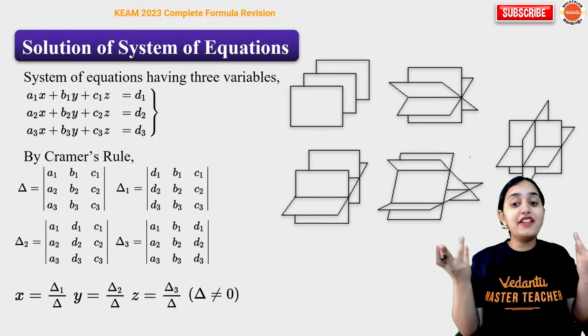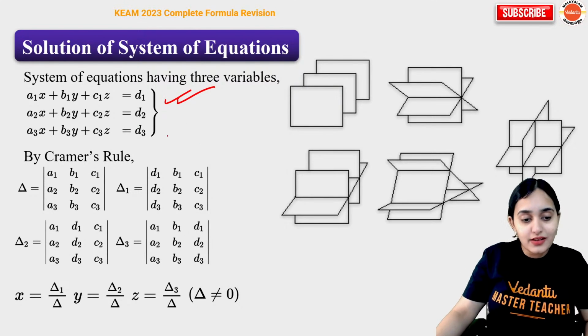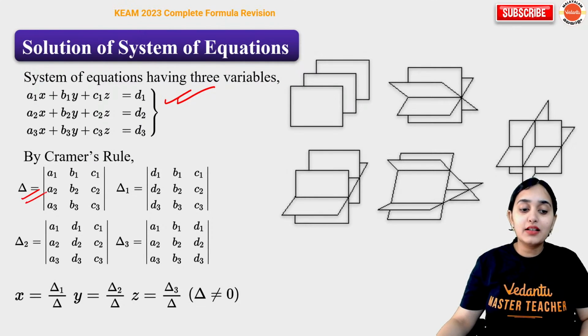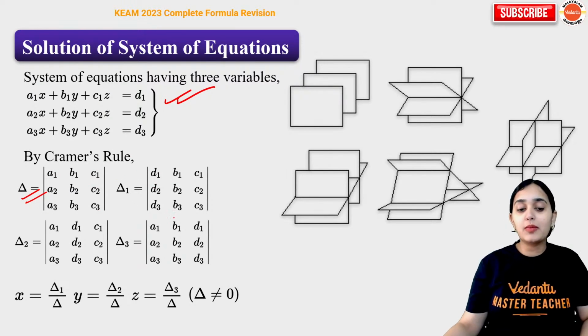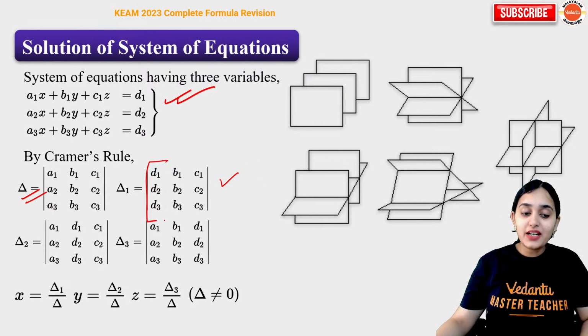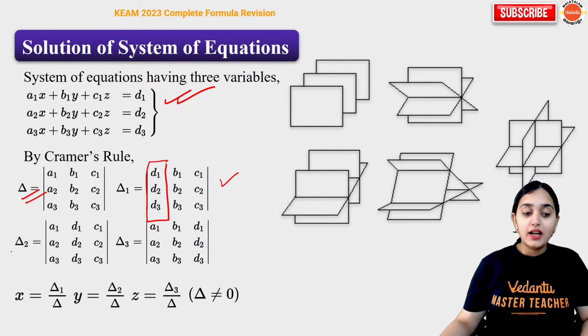Now, how do we identify this mathematically? If there are three equations given, by Cramer's rule, find the determinant of a1 b1 c1, a2 b2 c2, a3 b3 c3. Next, find the determinants with d1 d2 d3 replacing a1 a2 a3.